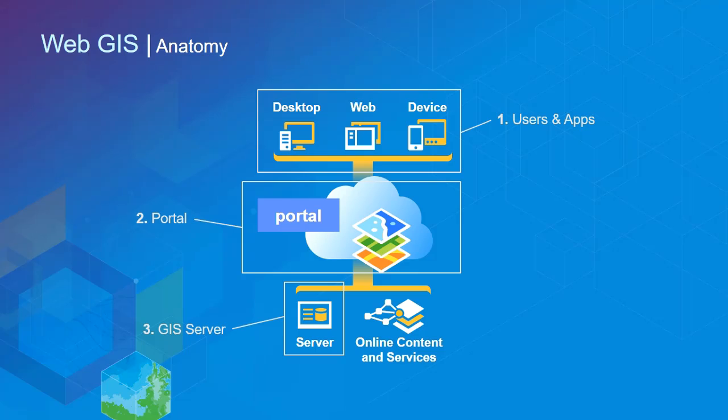Is somebody else running it in the cloud for me, or in just a traditional data center? And then base maps and utility services, other types of content and services, we'll touch briefly upon that. But the main focus will be those two other pieces, the portal and the GIS servers underneath. So let's try to answer that question. How do I get one of these portals?